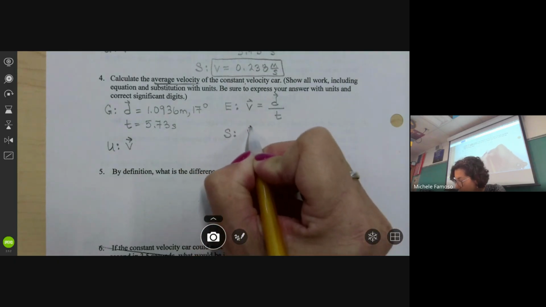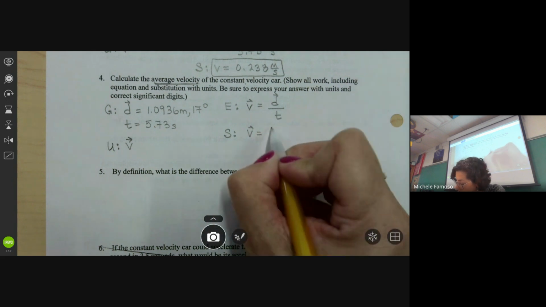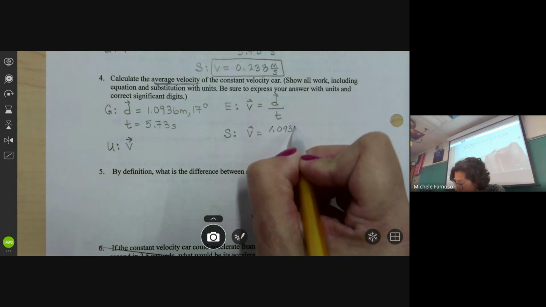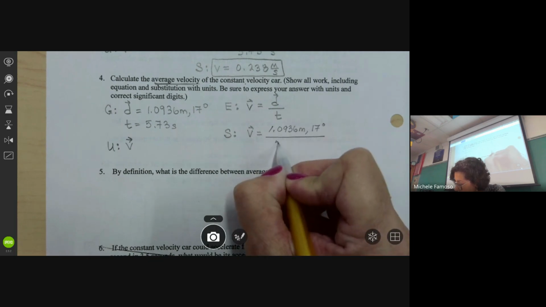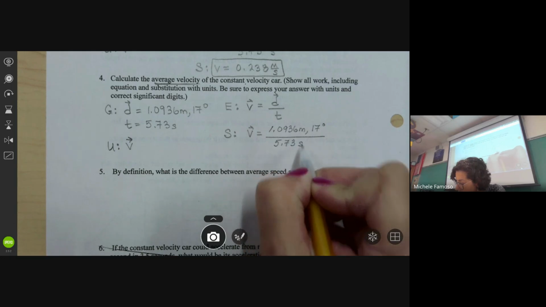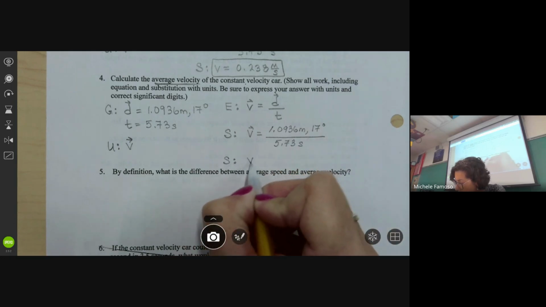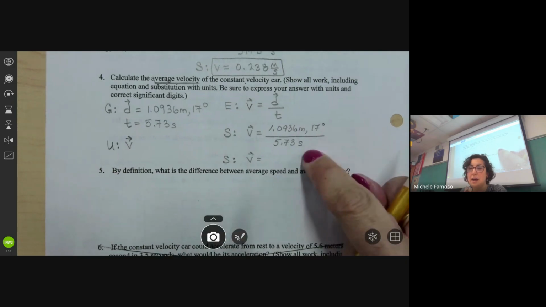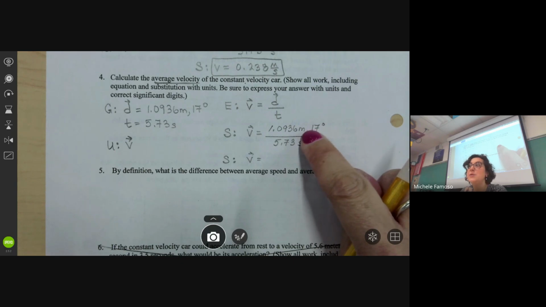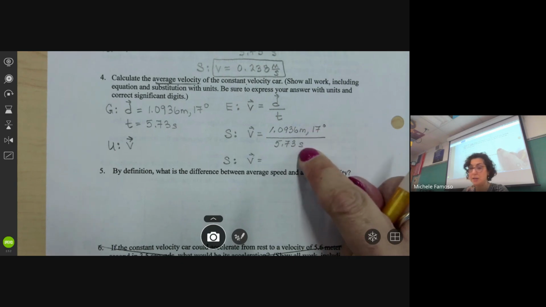So we can then do our substitution with units. And when you do the math, you're not going to divide the direction by the time. You just take the displacement's magnitude and divide it by the time.